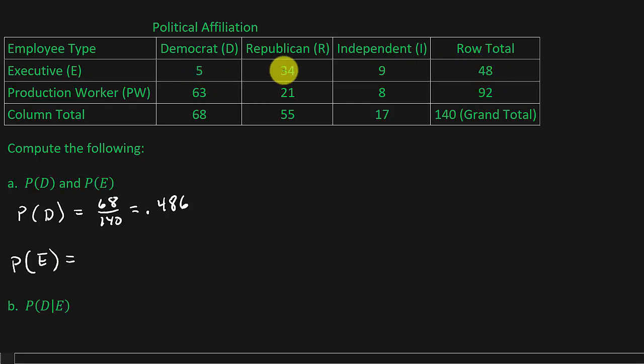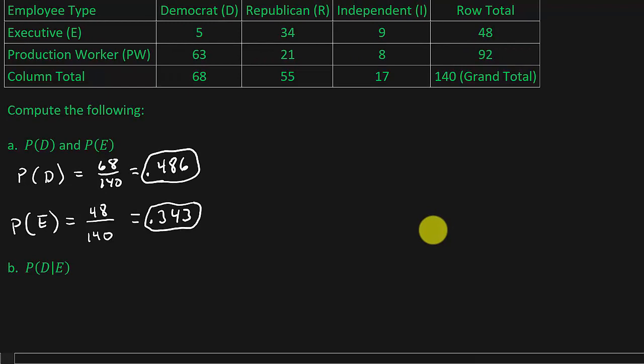So we got 5 plus 34 plus 9. All of these are executives, so there's 48 total. So that's 48 over the total number of workers possible, which is 140, and that is equal to 0.343. So there's the answer to part A.